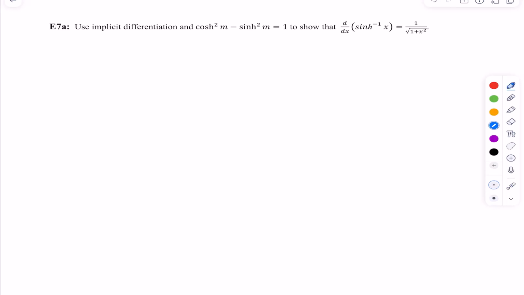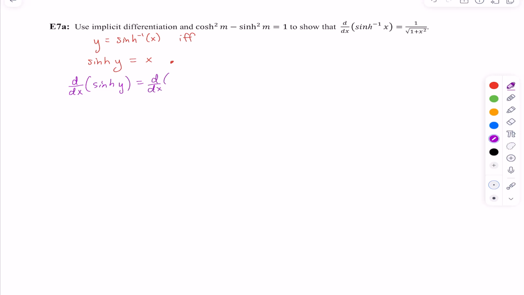We'll begin by letting y equal the inverse hyperbolic sine of x if and only if the hyperbolic sine of y is equal to x. We're going to take this equation and implicit differentiate with respect to x. You got to remember, y is a function of x here.